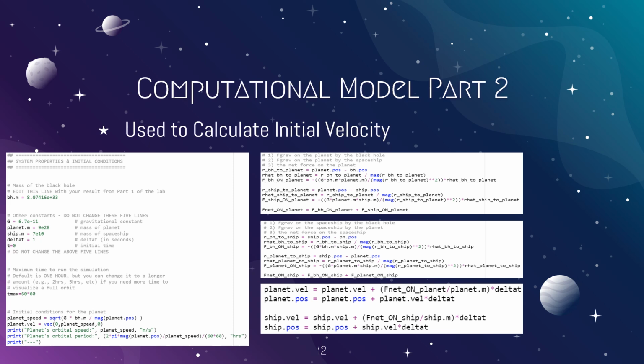And once you are able to calculate all of those forces, you add them up to create your net forces. And then using these net forces, you're able to create a model where you just plug in different values for the initial velocity to see which one allows the spaceship to basically just graze the black hole.